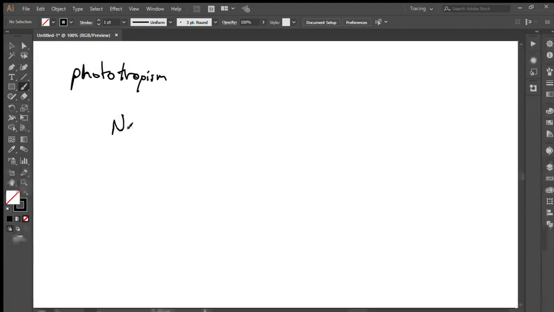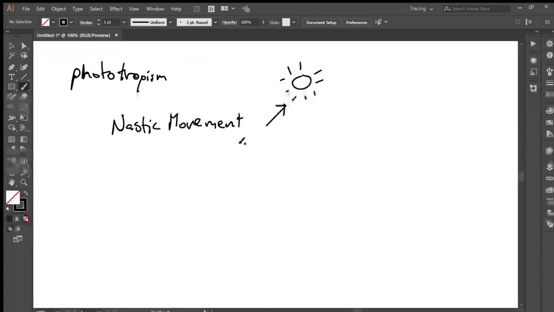Nastic movement is a plant's response to stimulus such that the direction of the response is pre-programmed and not dependent upon the stimulus. So phototropism depends on the direction of the sun. If the plant faces its leaves towards the sun, the stimulus is the sunlight.